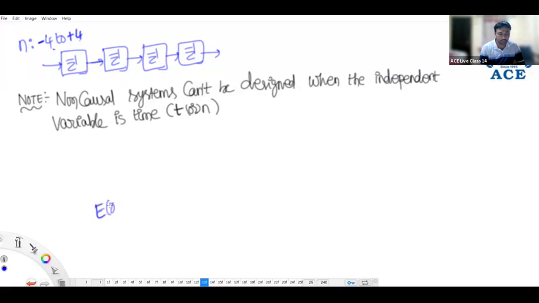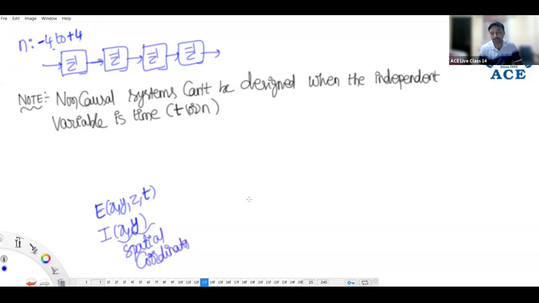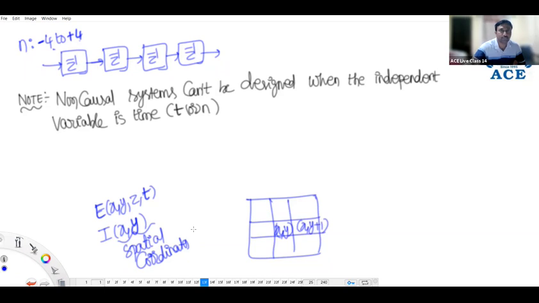For example, electrostatic potential E of x, y, z, t, or image processing I of x, y. With spatial coordinates they are possible because spatial coordinates are based on imagination. If I choose this pixel as x, y, the next one becomes x, y plus 1, then x, y plus 2. There we are taking an advanced element.